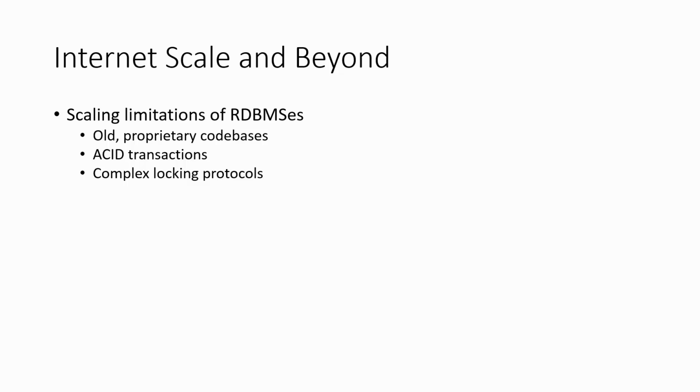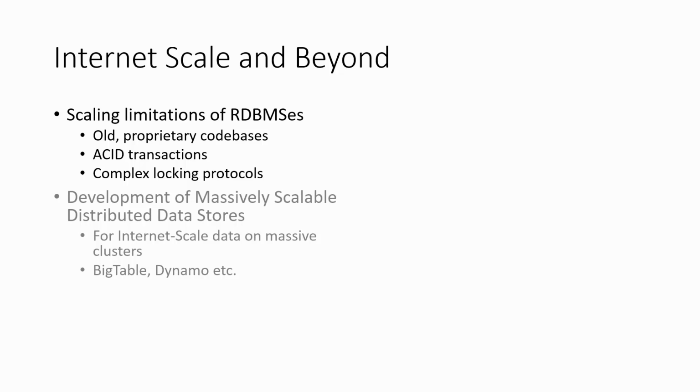RDBMSs are great at something called ACID transactions, and I'll be covering that in detail. That basically ensures that transactions are atomic, consistent, isolated, and durable. But if you ensure all of those guarantees in your database, then you could affect scalability and performance, as we will see. Many traditional RDBMSs also used complex locking protocols to ensure data safety, but again, this affects the scalability of the database system.